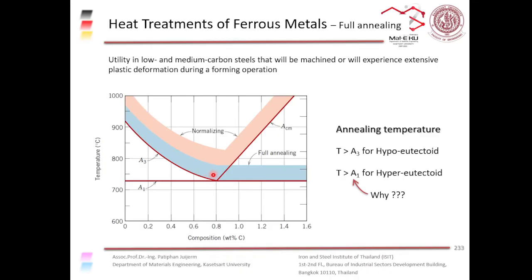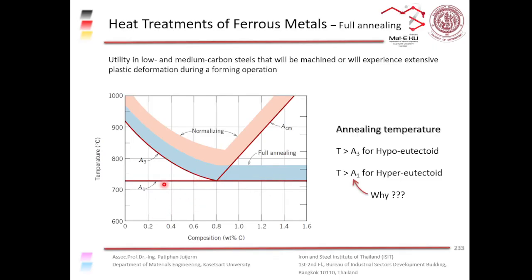Okay, and for hyper-eutectoid steel, you have to heat it up until it goes above this A1 line, right? So in this range of temperature here. And the reason why you have to heat it up above the A3 and A1 line is because we don't want any alpha phase, right?